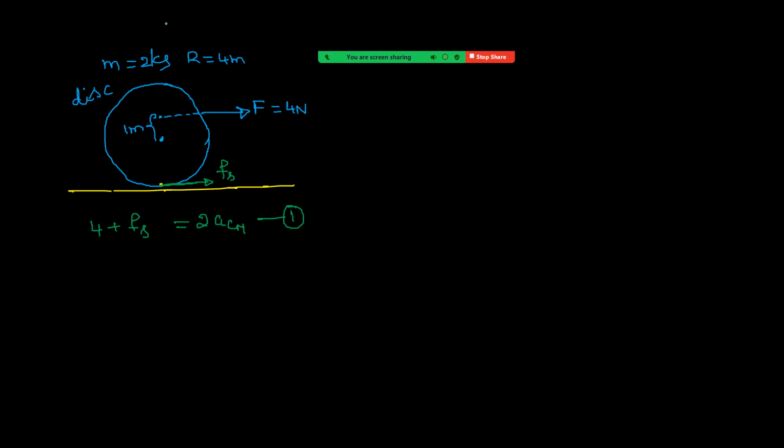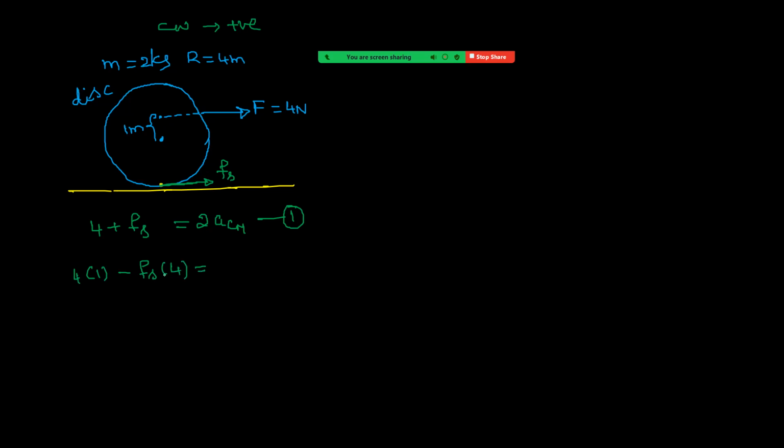Then the torque due to applied force is 4 into 1. Because of frictional force, the torque about center of mass is anti-clockwise, so since clockwise is positive, anti-clockwise will be negative: minus Fs into R, and R value is 4.